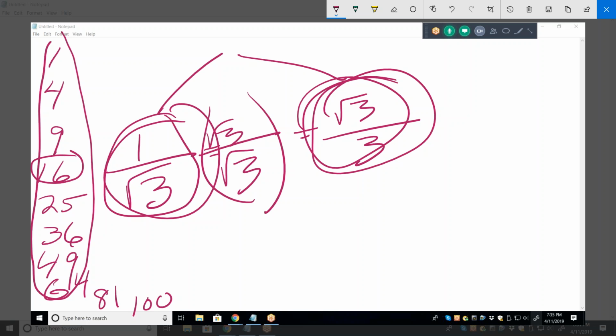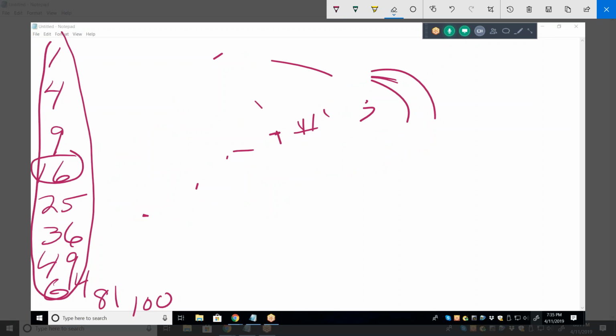The square root of 3 is not a fraction. I have no idea how to split a piece of pie up into square root of 3s. Can't do it. Don't know what it means even. So that's where that convention came from, where you're not supposed to have an irrational number in the denominator.